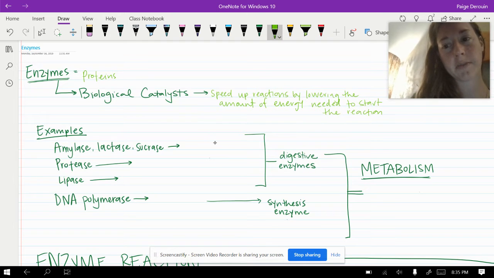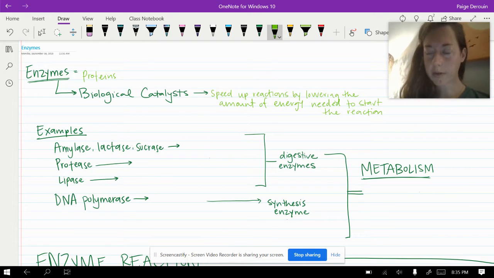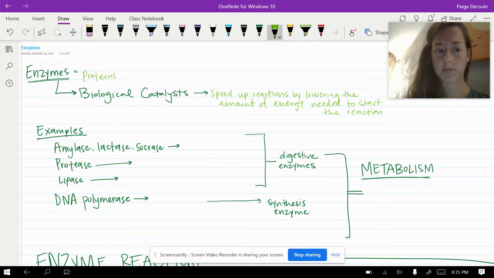You might have learned in middle school about different chemical reactions, and that is what your body's doing all the time. What enzymes are working on is making these chemical reactions easier for your body to do by reducing the amount of energy that's needed to make them happen.